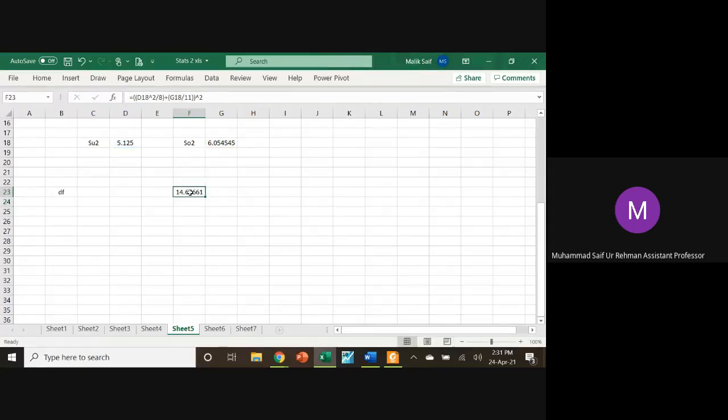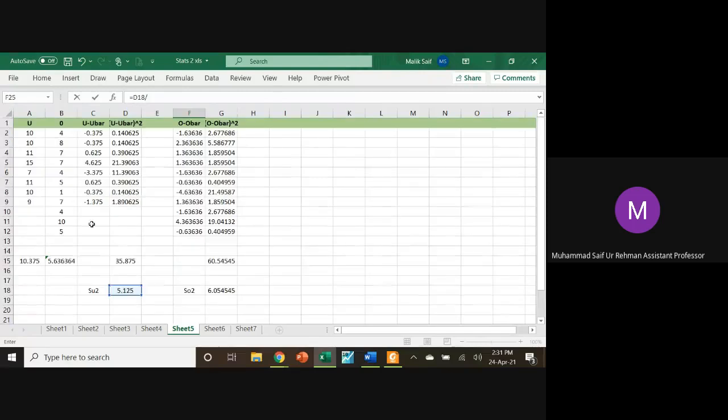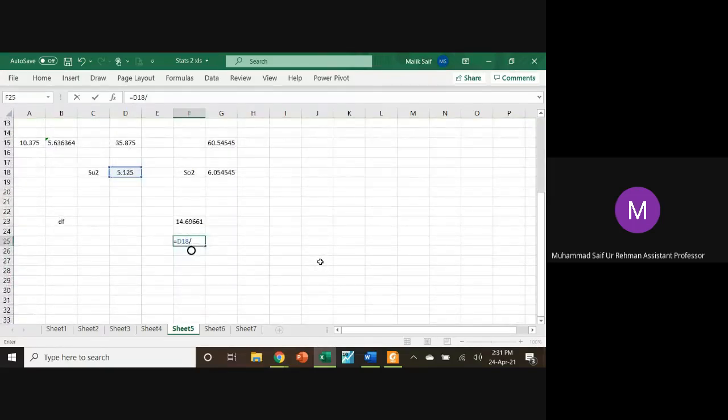So this is now your numerator. And now let us try finding the denominator in this case. That will be equal to SU square, this value, divided by N1. That was 8. And see how I am putting braces over here.